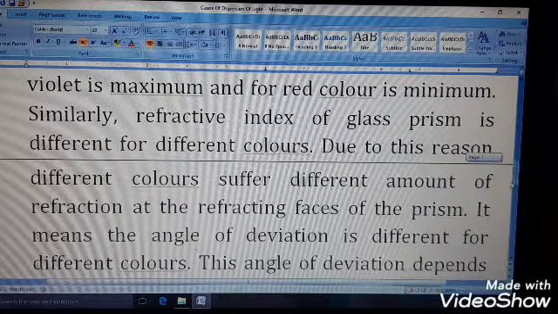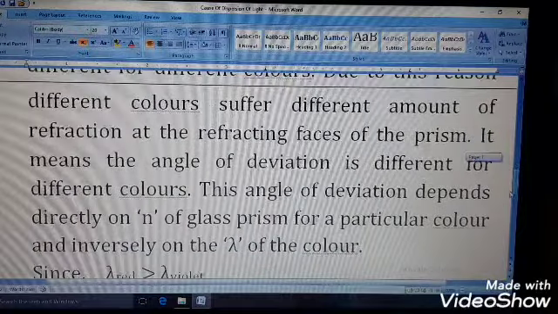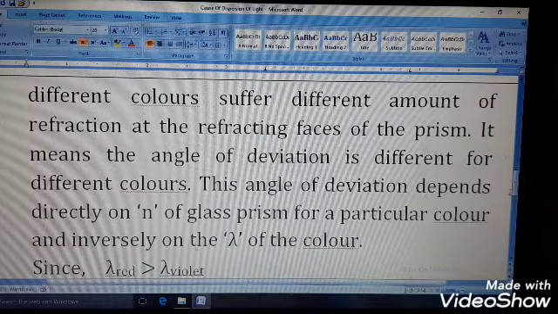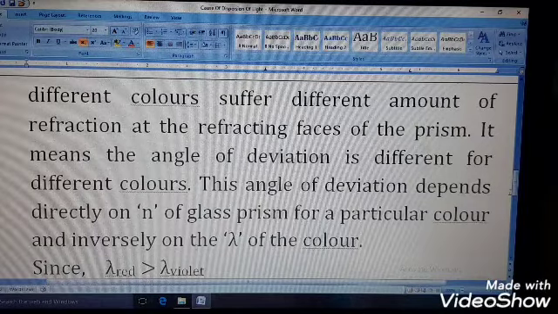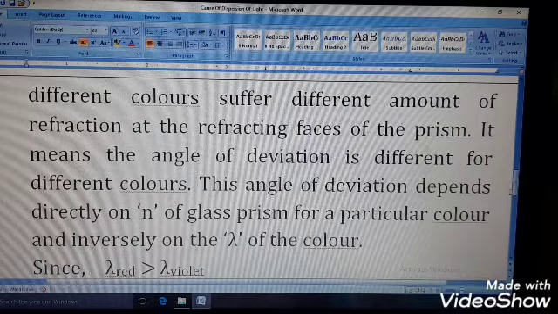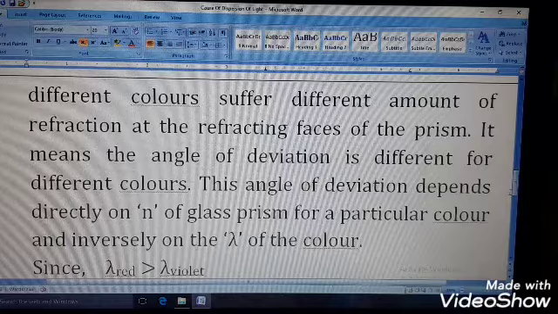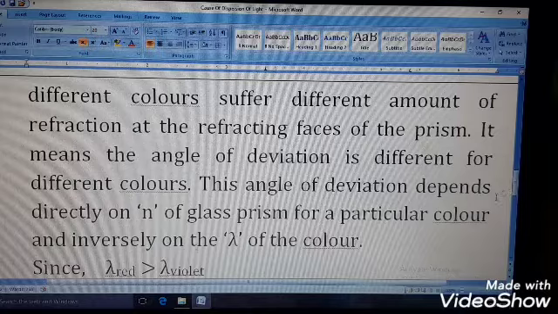Okay, due to this reason, different colors suffer different amounts of refraction at the refracting faces of the prism. That is why when the light ray enters the prism, it splits into different colors, because there are 7 colors in white light, so they travel with different speeds and show different deviation. The angle of deviation is different for different colors.